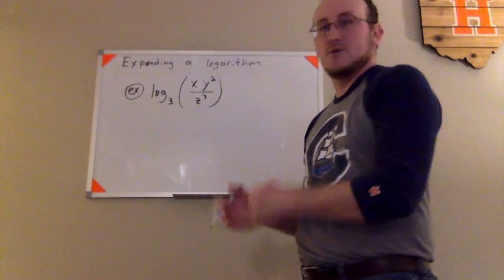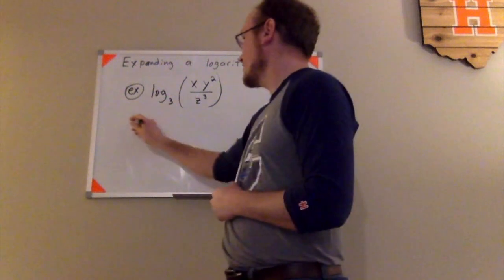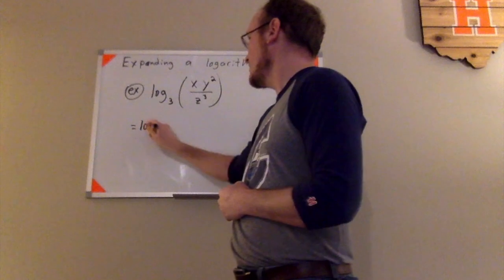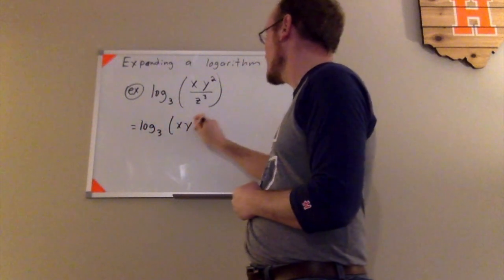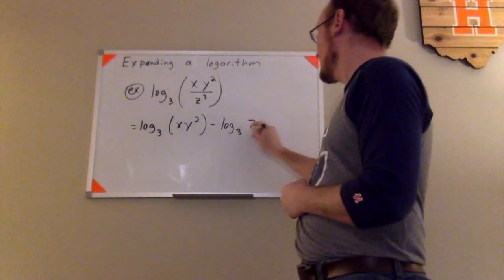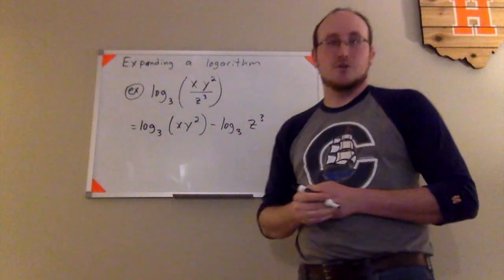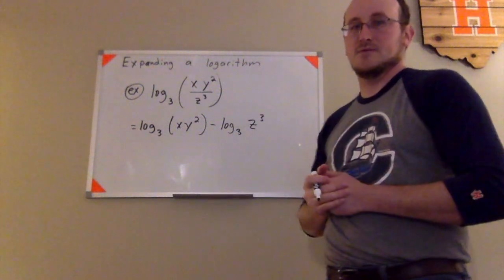I can use that quotient property to separate this into the difference of two logarithms. So this should first be equal to the base 3 logarithm of xy squared minus the base 3 logarithm of z cubed. So I took advantage of that quotient property and separated this into a difference of two logarithms.